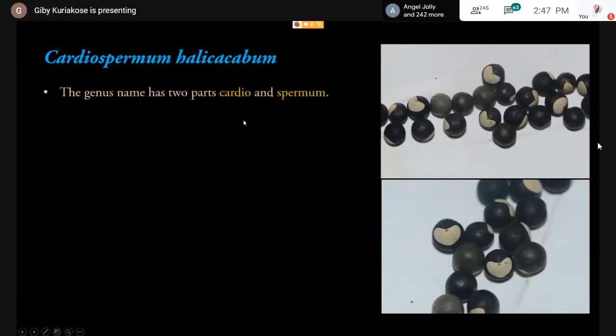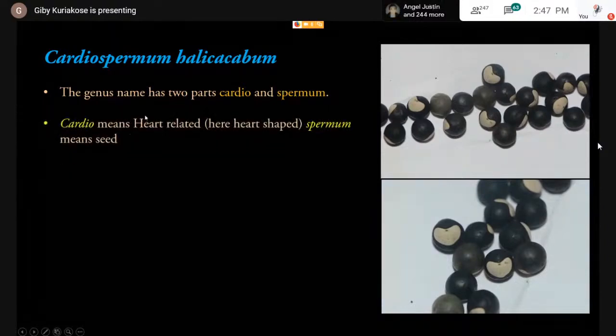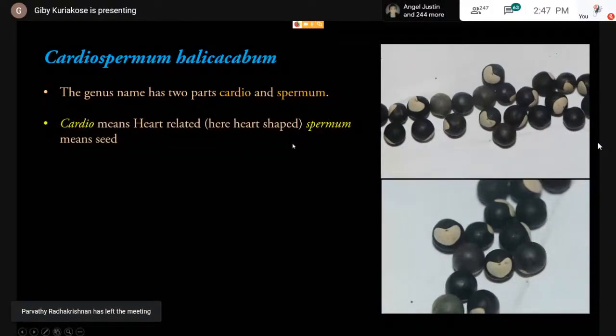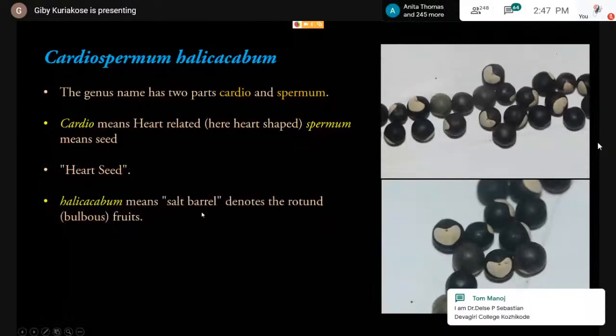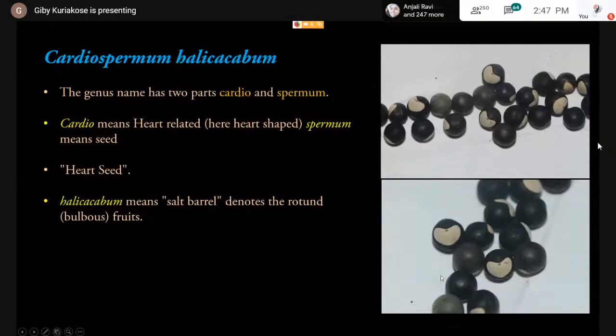The genus name has two parts, cardio and spermum. Cardio means heart-related, or here heart-shaped. Then spermum means seed. Okay, heart-shaped seed, heart seed. Then halicacabum means salt barrel. Look at the shape of this particular seed, and you can imagine there are ice cream bowls also.